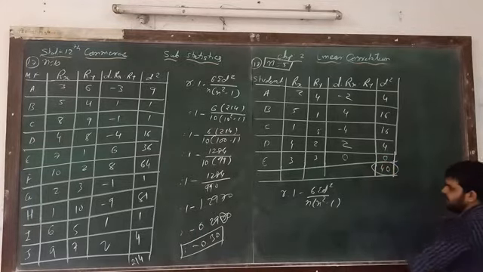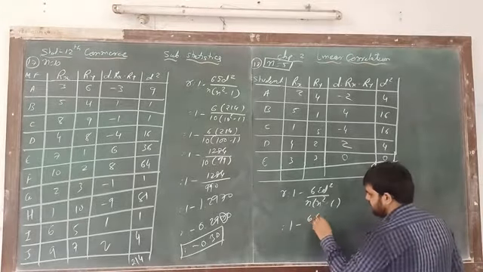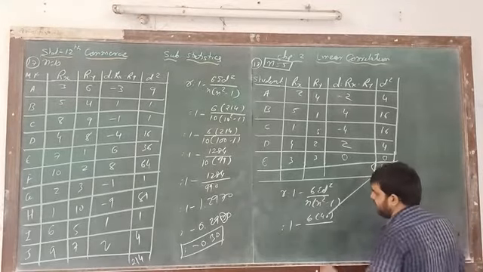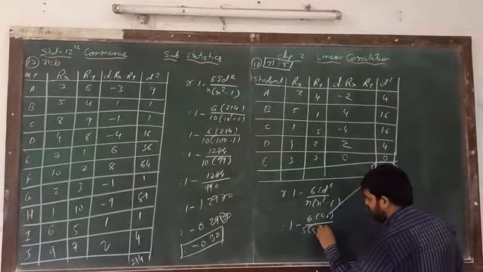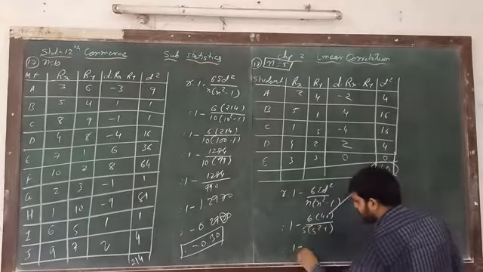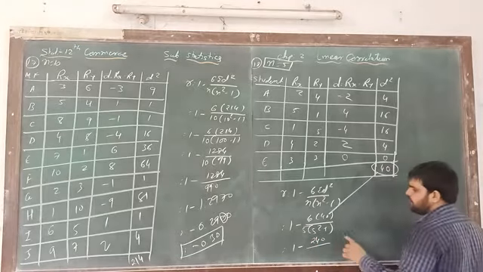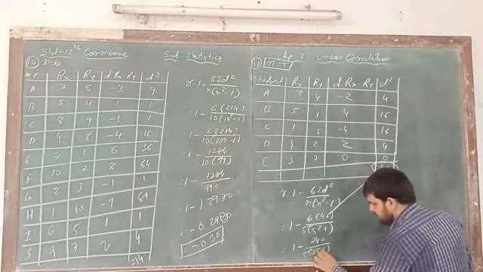Now this 14 we use to find 1 minus 6 sigma d square, where 6 into 40 is equal to 240. n is equal to 5, so 5 square minus 1, which is 25 minus 1.